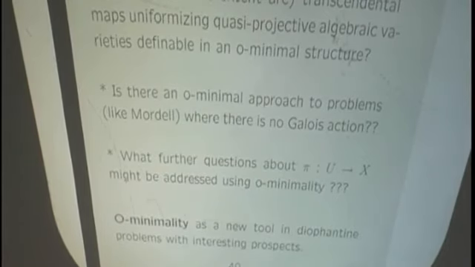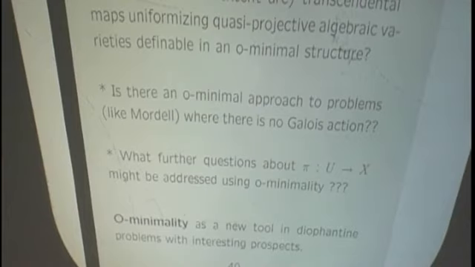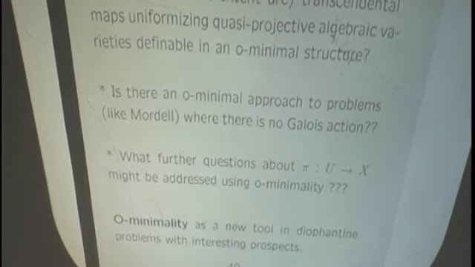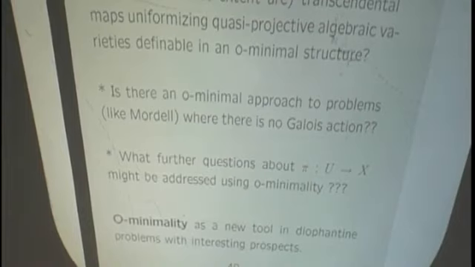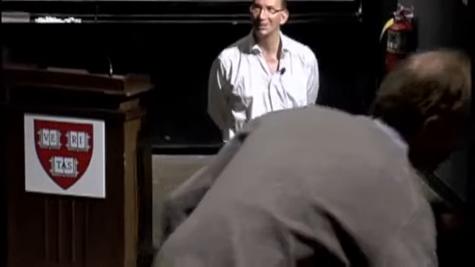This kind of approach, for the moment, can't seem to touch problems like the Mordell problem itself because there are no Galois conjugates, but it's a question whether there's some kind of O-minimal angle there, or perhaps other questions. Anyway, O-minimality is a new tool in Diophantine problems, which seems to have interesting prospects. Okay, thank you very much.